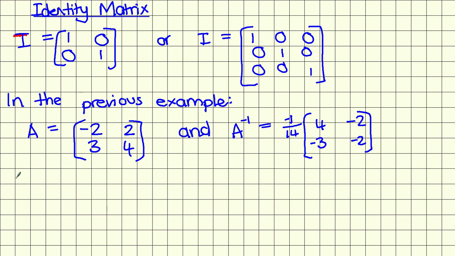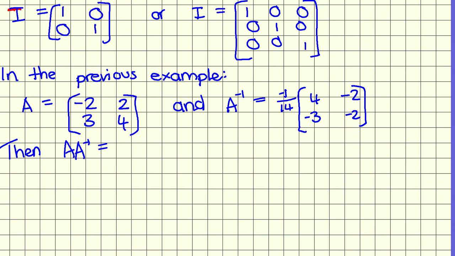Right, so if you take A and multiply it by the inverse of A, have a think of what would happen. Like if you times the number 5 by the inverse of 5, you probably know what's going to happen, and I'll show you that here very quickly.